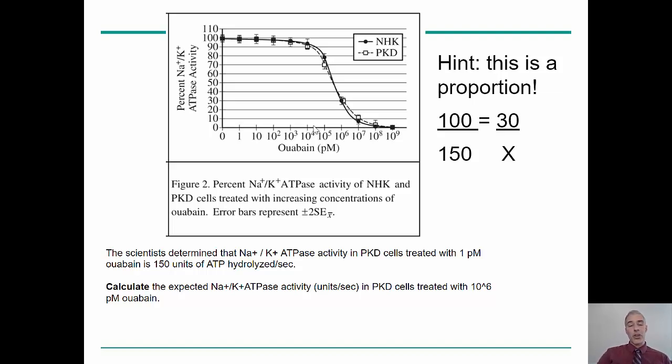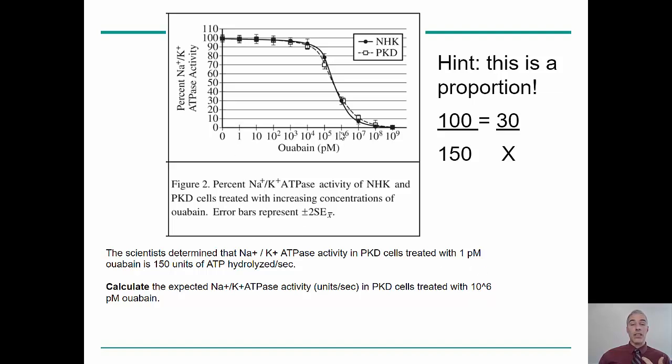The scientists determined that the ATPase activity in PKD cells treated with 1 picomolar, so right here, is 150 units. So they're telling you it's this arbitrary 150, let's say, ATP hydrolyzed per second at a concentration of 1, which is representative of approximately 100% activity. Well, what's it going to be when it's at 10 to the 6th?